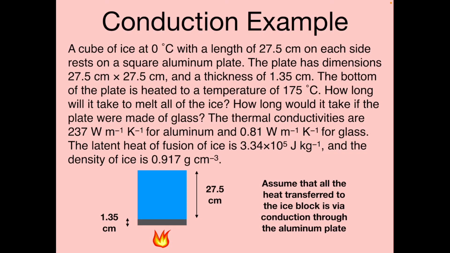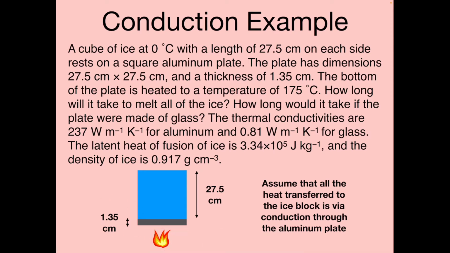So let's take a look at another example of heat conduction. Here we have a cube of ice, which is at 0 degrees Celsius. The length of each side of the cube is 27.5 centimeters. Now this cube is resting on a square aluminum plate. The plate has dimensions 27.5 centimeters by 27.5 centimeters, and it has a thickness of 1.35 centimeters as shown here.